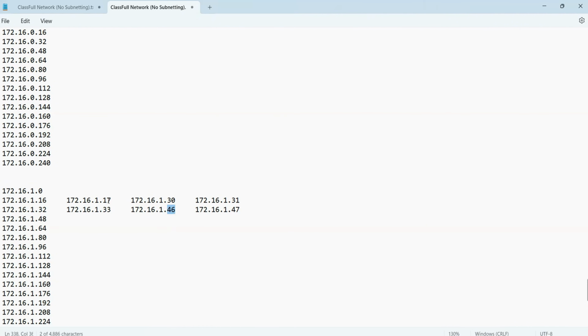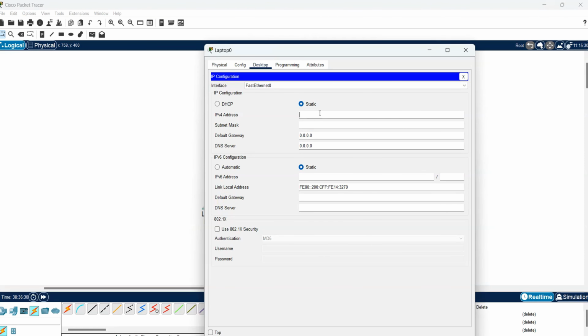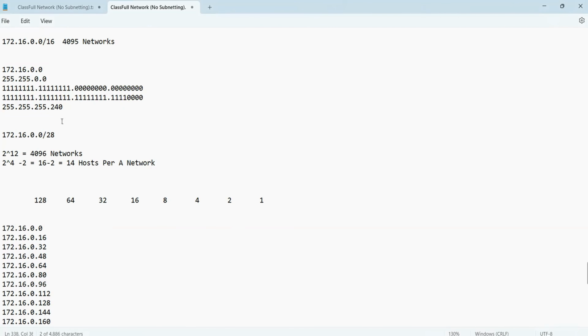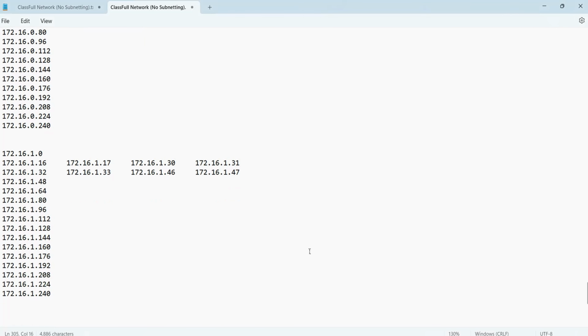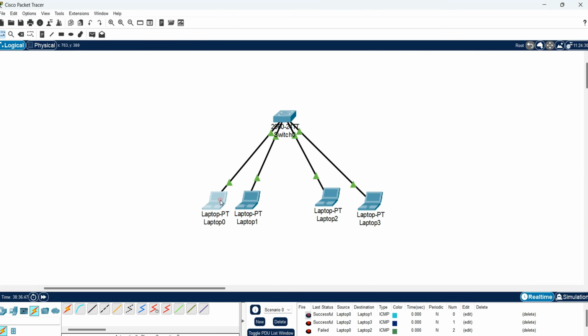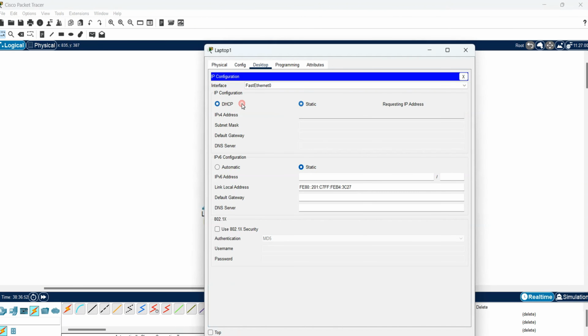So if one of them is, let's say, 20 and the other one is 30. This is 20: 172.16.1.20. And I have to make sure the mask is 255.255.255.240. Remember? Right, so going back over here, the mask is 240. So I made one of them 20, and let's say the other one is 30: 172.16.1.30, and same thing, 255.255.255.240.